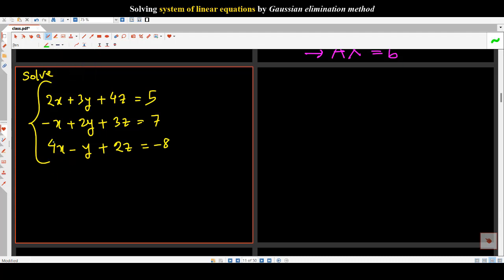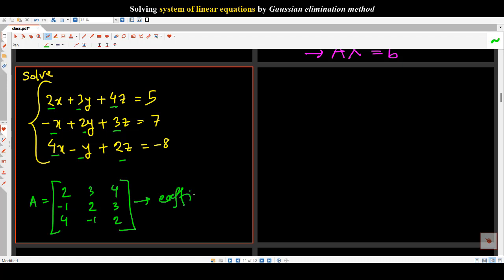So if we think about just the coefficients, then we can consider one matrix, that is 2, 3, 4, minus 1, 2, 3, 4, minus 1, 2. This matrix is known as the coefficient matrix.